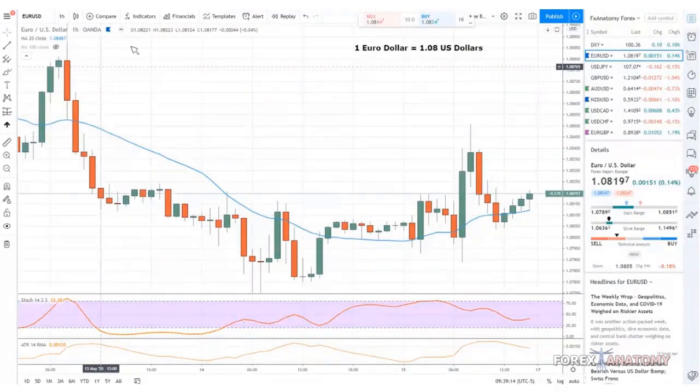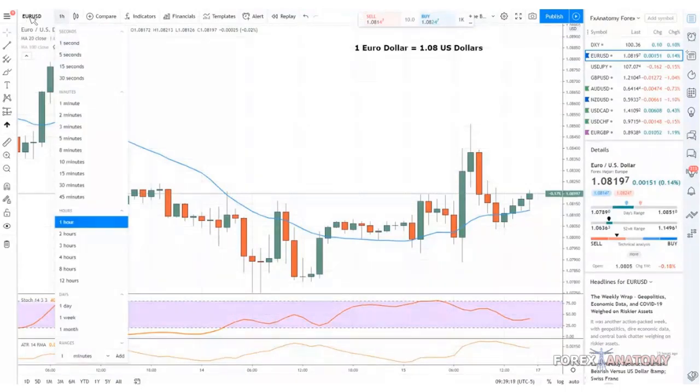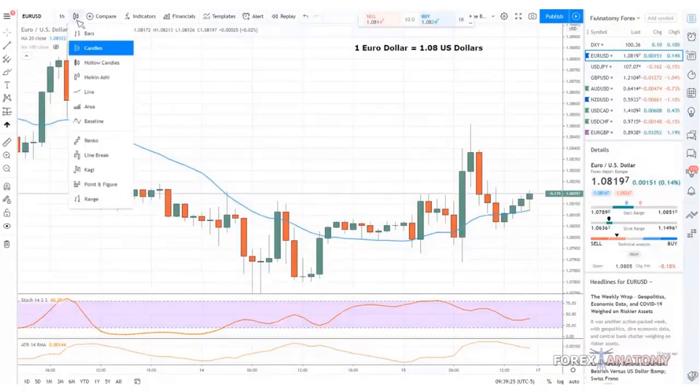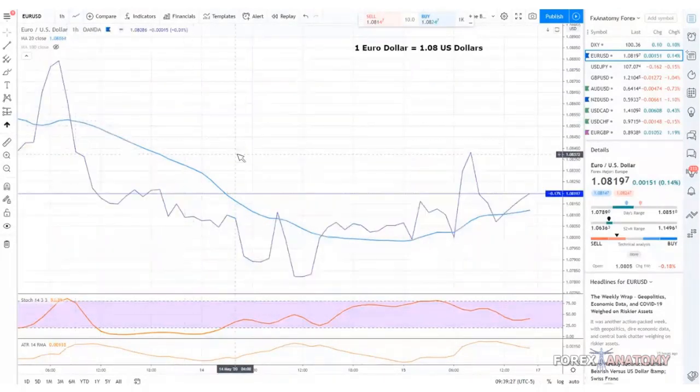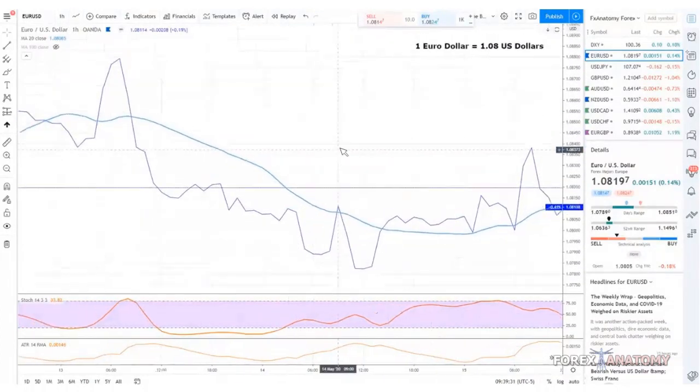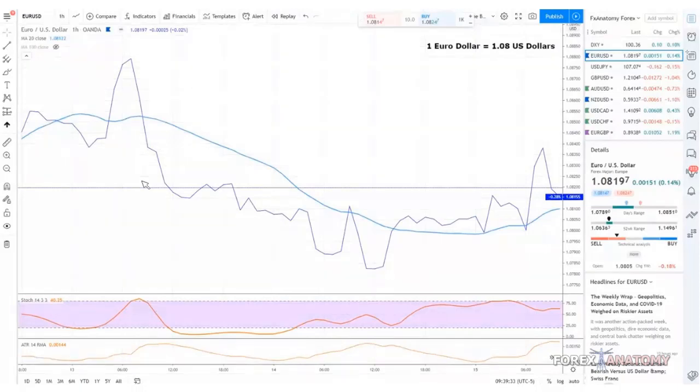So let me take you guys to the line chart. You can click on this icon where we have the candles and select line chart right here. Now we see the line chart, and it's simple. All the line chart tells us is where price is going, the directionality, and what the closing price is.